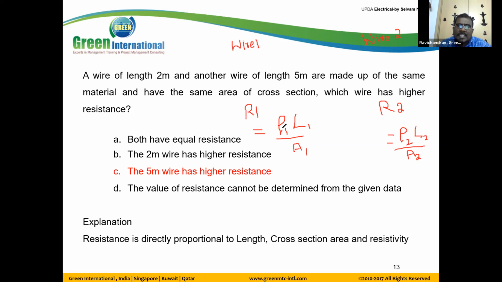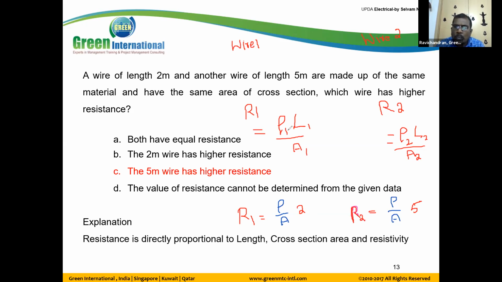Here we have 2 meters. So here they mentioned that the material and the area of cross section are the same.